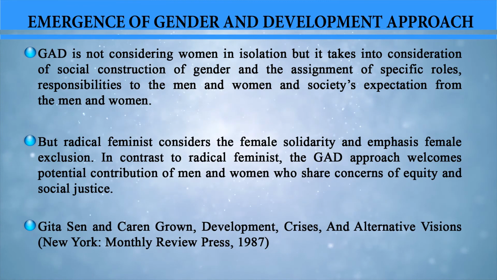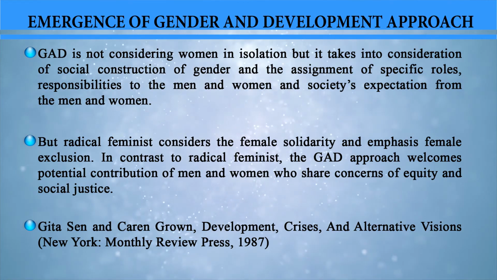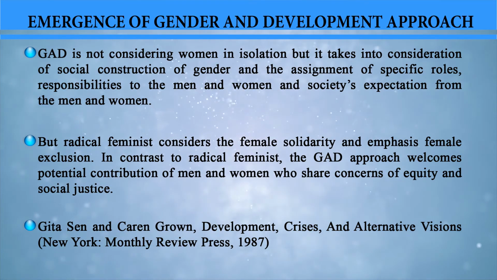But radical feminists consider female solidarity and emphasize female exclusion. In contrast to radical feminists, the GAD approach welcomes the potential contribution of men and women who share concerns of equity and social justice. The GAD approach does not consider women's and men's productive and reproductive activities and lives in exclusion of each other.